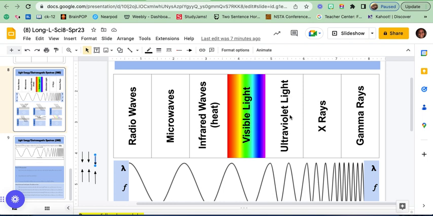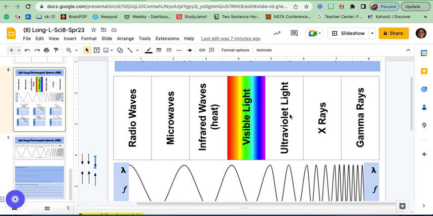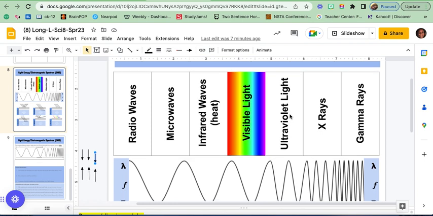So ultraviolet light would be an example of lava lamps. Lava lamps have ultraviolet light in them, luminescent lights, so to speak. If you've ever had those luminescent stars in your room where, during the day you can't tell, but at night when you turn your light off, you see all the little stars that are glowing.